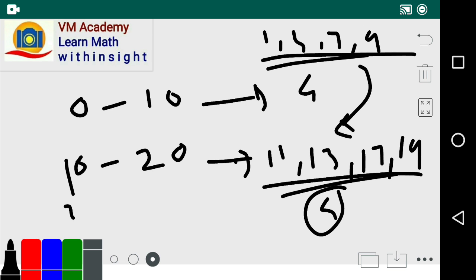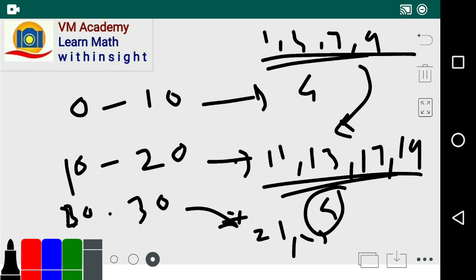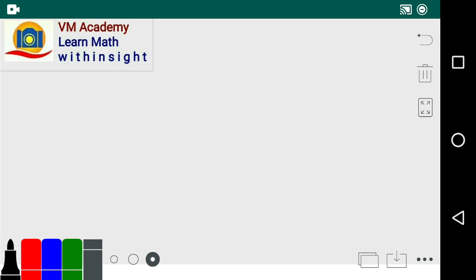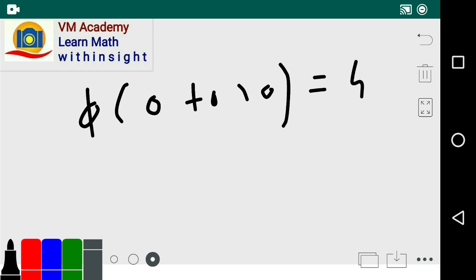Similarly, from 20 to 30, if we add 10 again, we get 21, 23, 27 and 29 as 4 co-prime numbers. That means, friends, phi of the range 0 to 10 is 4, that is, the number of co-prime numbers to 10 in this range is 4.